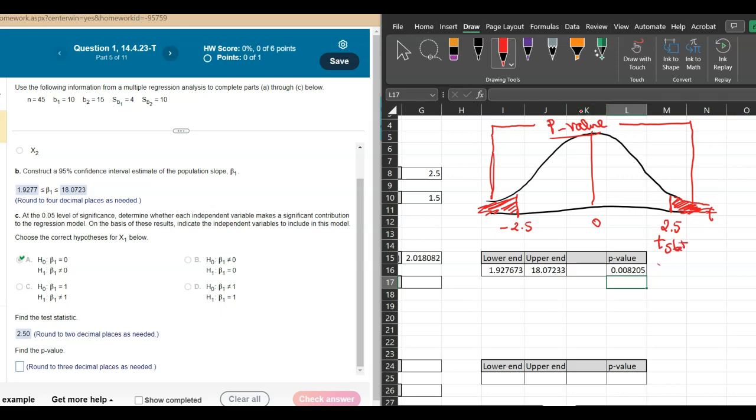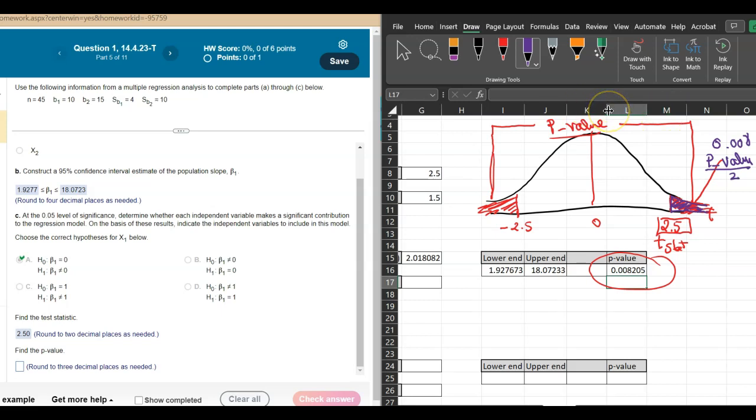Now whenever I use the right tail and I give 2.5 as reference, the calculator will give me only this area over here. Let me put it in blue. Only the blue area is actually 0.008. In other words, this is half of the p-value, right? P-value divided by 2.